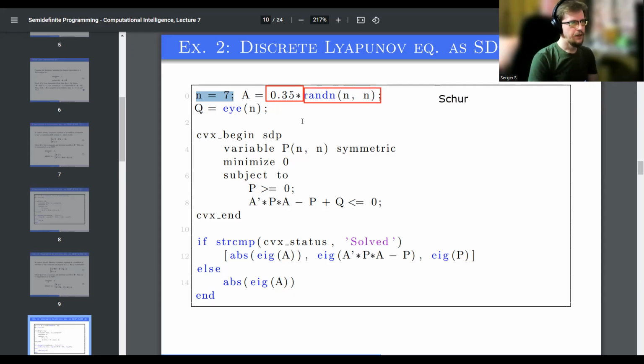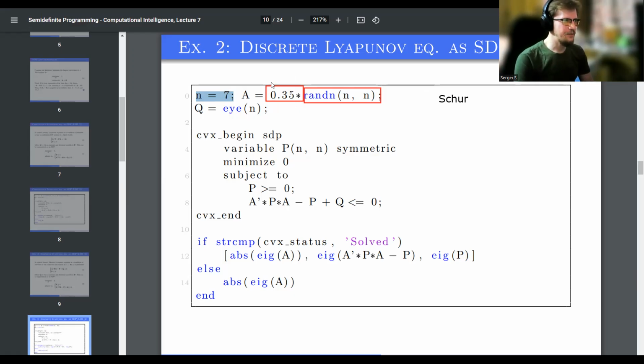Okay. The rest of the code: if we just leave it as the Gaussian distribution, apparently for a system with a 7 by 7 matrix, the eigenvalues are not going to be very often Schur. So I wanted to make it small, to make it more often Schur. All right.